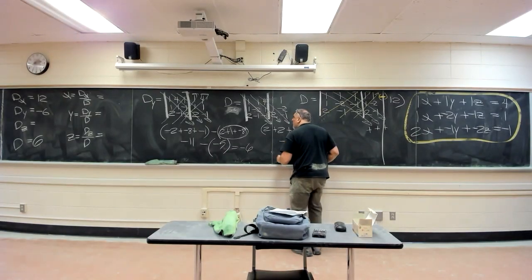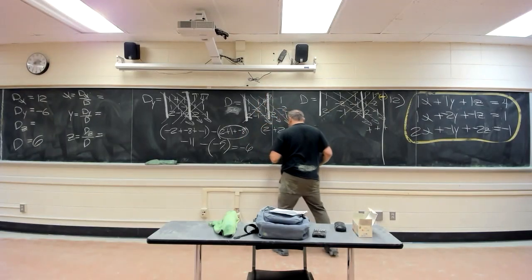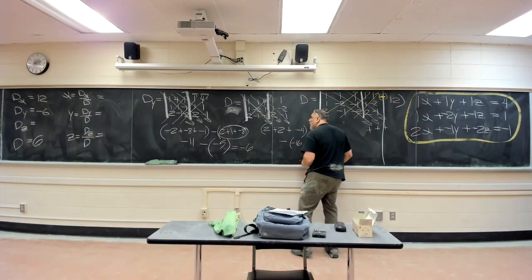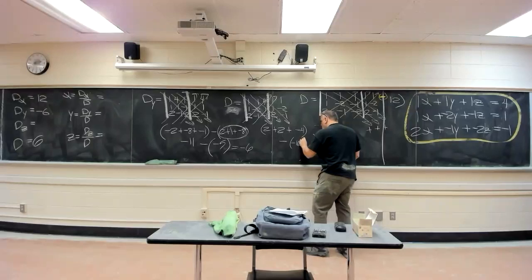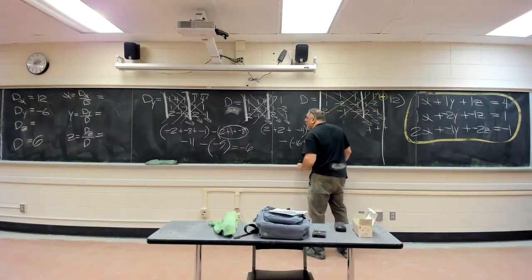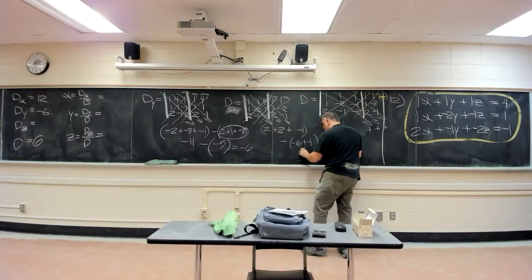Minus 2 times negative 2 times 4 is negative 16. Negative 1 times 1 times 1 is negative 1. Negative 1 times 1 times 1 is again 1.